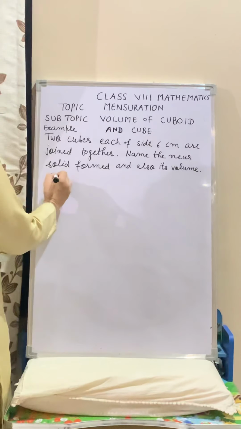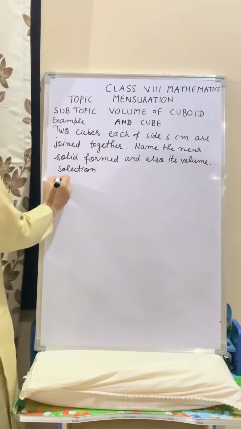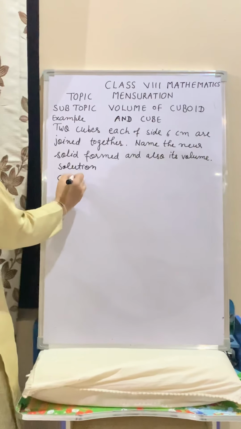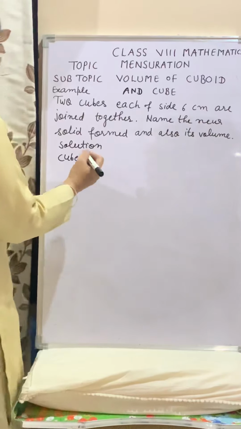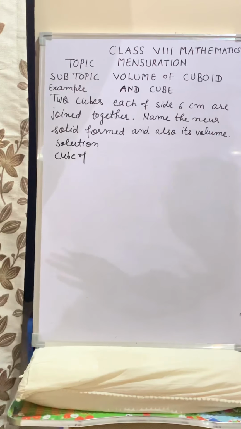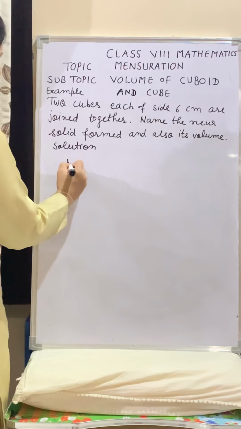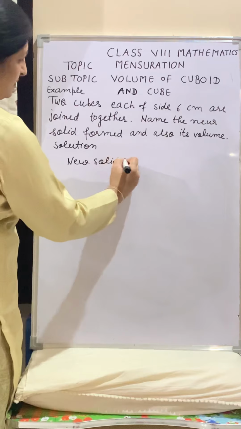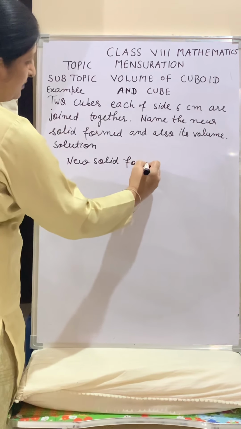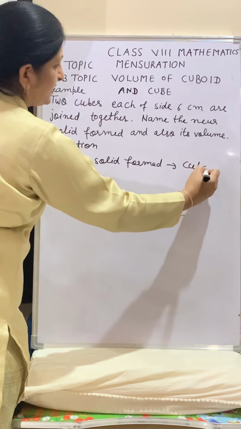Now, how to write? Cube, new solid formed: cuboid.